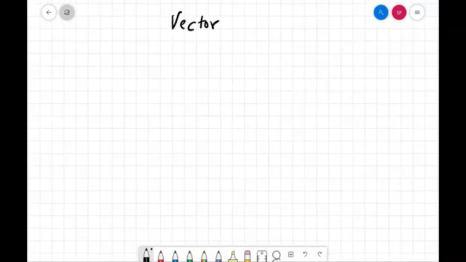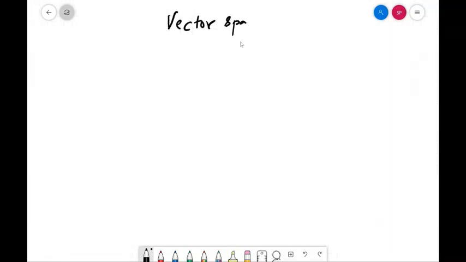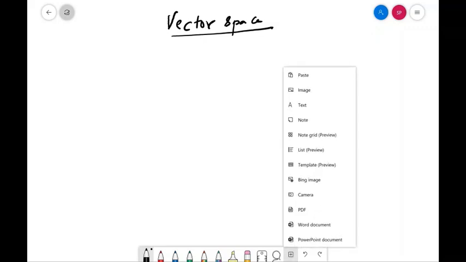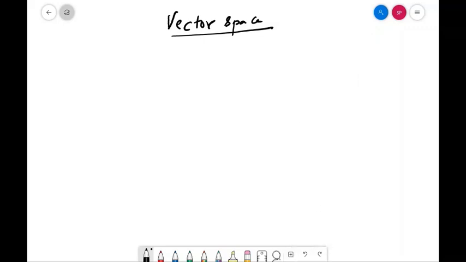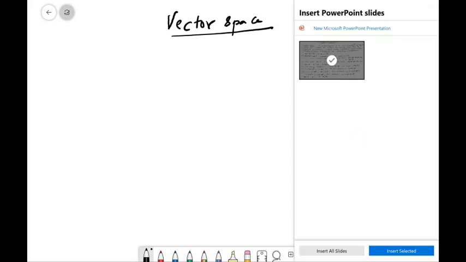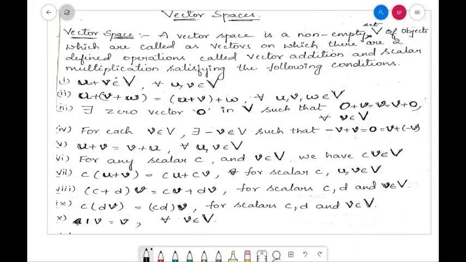Now let us see what a vector space is. Since we have so many vectors, suppose we take a set of vectors with the two operations, vector addition and scalar multiplication. How are we going to define a vector space? Let us see the definition.